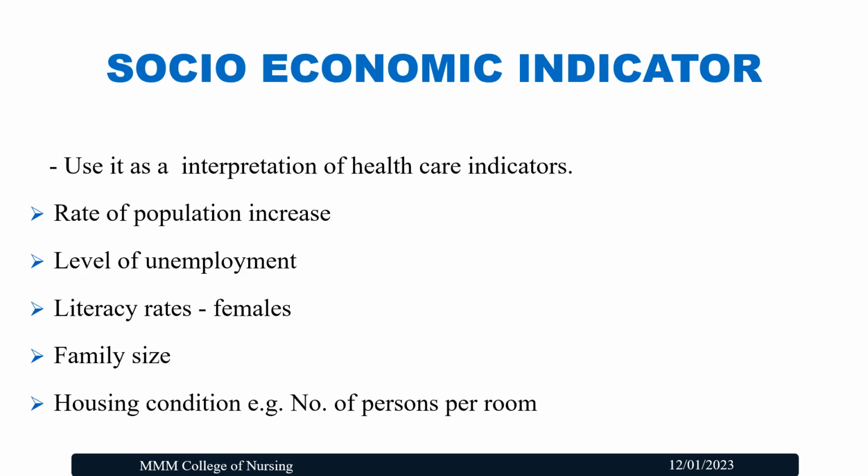The next indicator is the socio-economic indicator. This we can use as an interpretation of healthcare indicators. This also does not give a direct effect on health; indirectly it has an impact on health. The rate of population increase, level of unemployment, literacy rates, especially of females, family size, housing condition, for example number of persons per room.